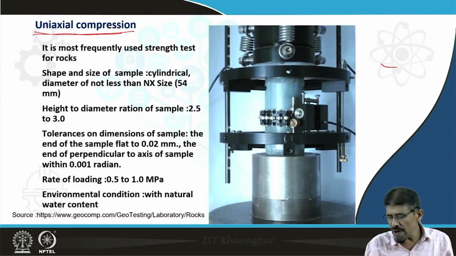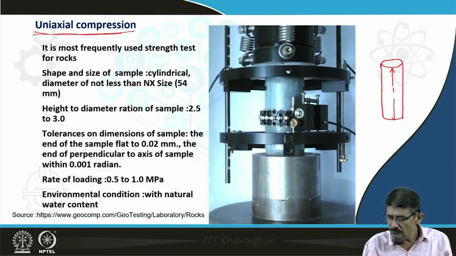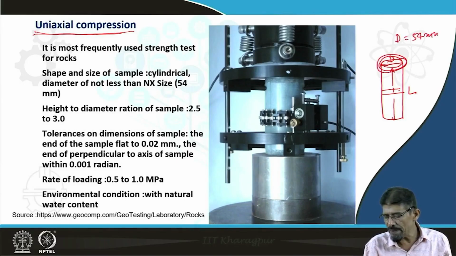Generally, we are utilizing a cylindrical sample cored from collected rock. In this, we have one consideration about the diameter D and length. Generally, we are utilizing a diameter of 54 mm, that is recognized as NX size.